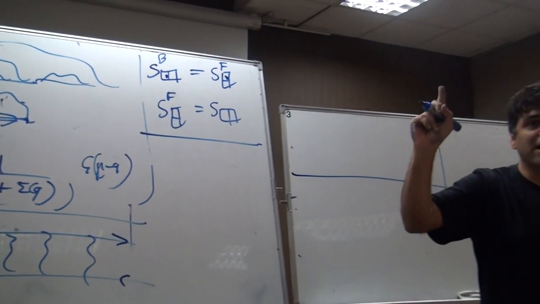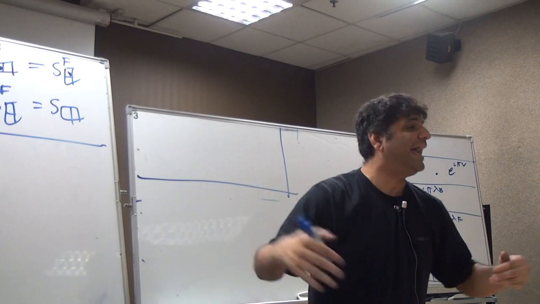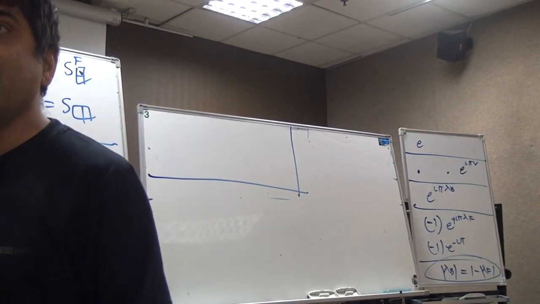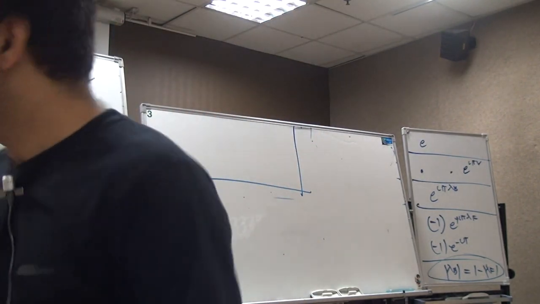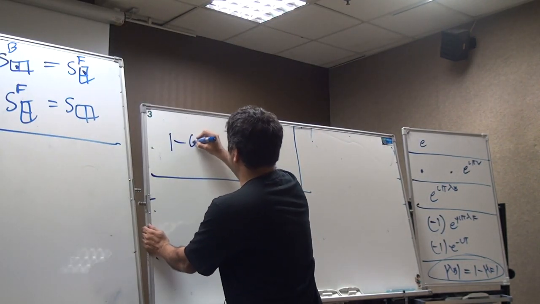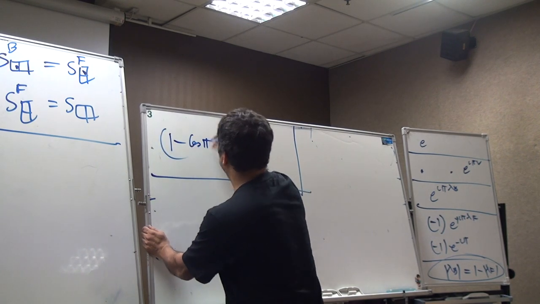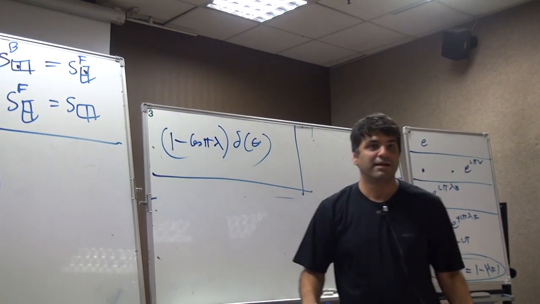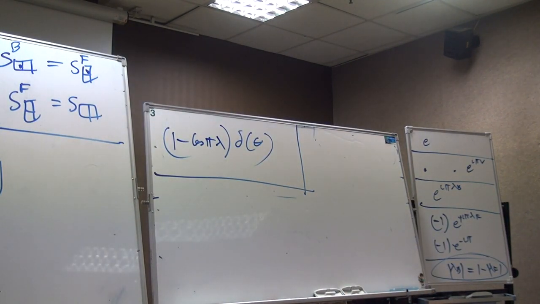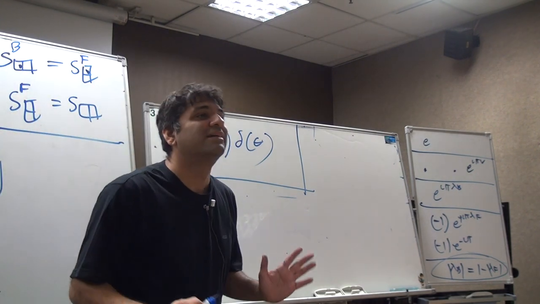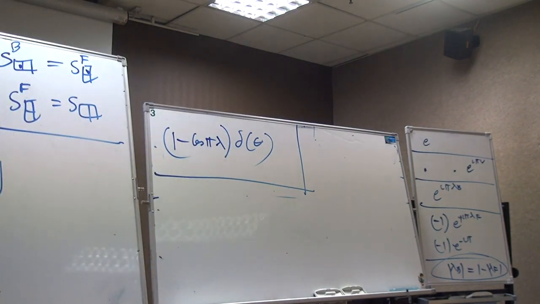You remember that we had argued on general grounds and seen explicitly in the non-relativistic limit that the S matrix in the S channel, in this singlet exchange channel, must have this piece which is 1 minus cos pi lambda times delta of theta. Clearly that will never come from analytically continuing something like this. Analytically continuing anything analytic to this is not analytic. Okay, so fine, but maybe you could hope to have got everything else. So there's already some tension with the principle of analytic continuation.